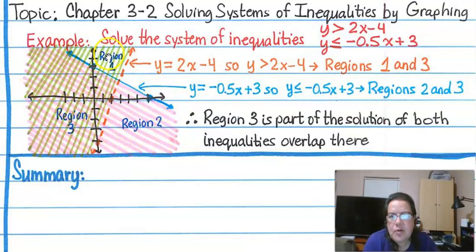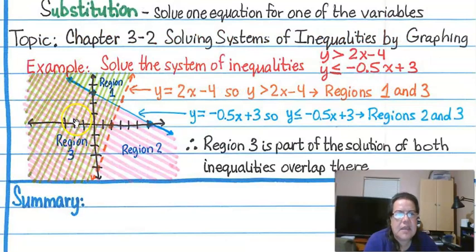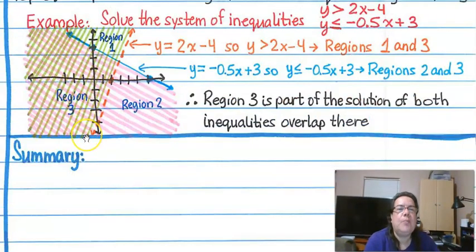Do you see where green and pink are separate, but there is a spot where they're checkered and they overlap? This region 3 that is created is the part of the solution for both of those. Any point in this region would be a solution to these two inequalities.